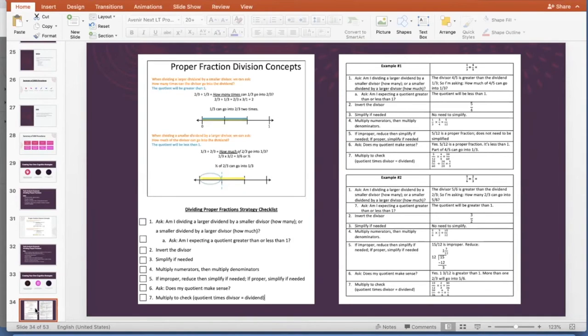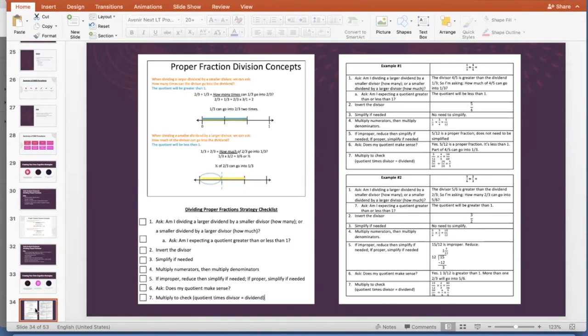In this case, for this example, I made a strategy checklist. So I've got my visual representations that sort of illustrate my concepts up at the top of the page, the front page that students are going to have, and a checklist with the actual steps they're going to take at the bottom. And then on the back of this sheet, I've got 2 worked examples.